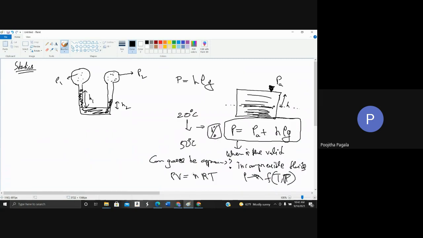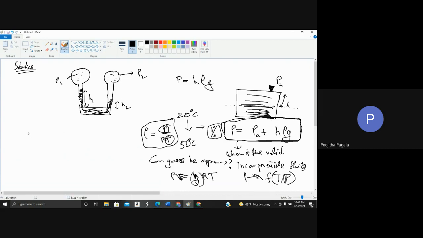Or you can say that N by V, which is nothing but the density, so we have density is equal to P by RT. So the density clearly depends on pressure and temperature, and it varies considerably with changes in pressure and temperature. So you cannot consider gases to be incompressible fluids. So this equation is valid only for incompressible fluids.